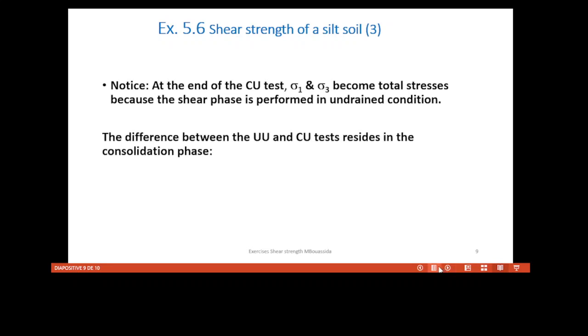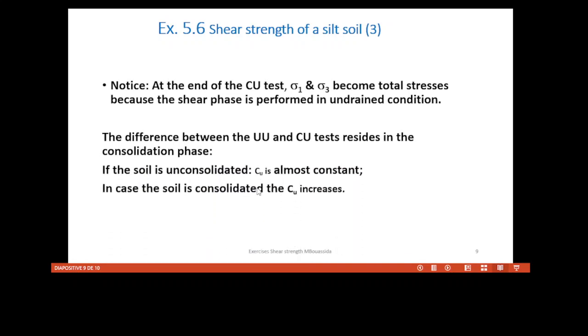And therefore, the difference between the unconsolidated undrained test and the consolidated undrained test resides in the consolidation phase, that is, prior to the failure phase. If the soil is unconsolidated, Cu is almost constant, and in case the soil is consolidated, the Cu increases due to the consolidation.